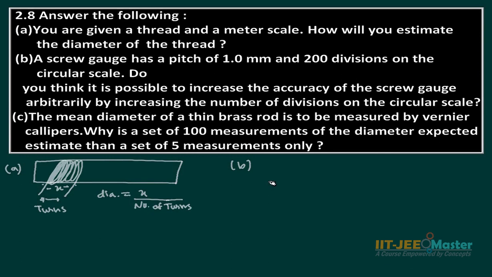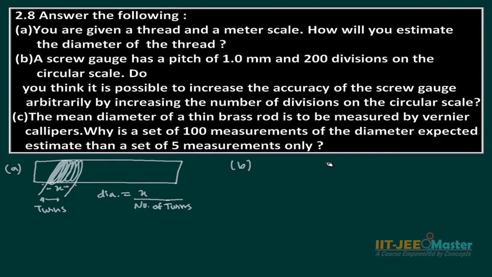The accuracy already depends upon 200 divisions. Increasing definitely increases the accuracy on the paper, but not actually will increase, because every instrument has its own instrumental error.